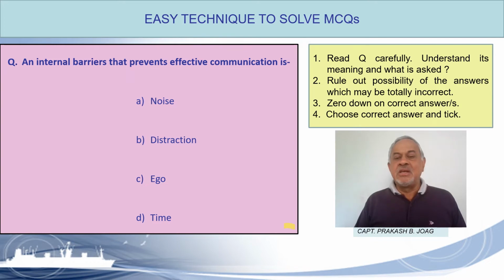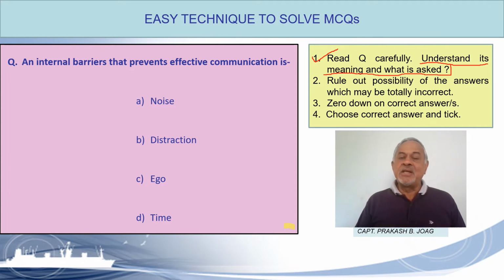Now let us see how to solve these MCQs. Okay, so step 1, read the question carefully. Understand the complete meaning of the question, and you should be 100% sure what is asked in the question. So what the question is aiming at, that you must finish.